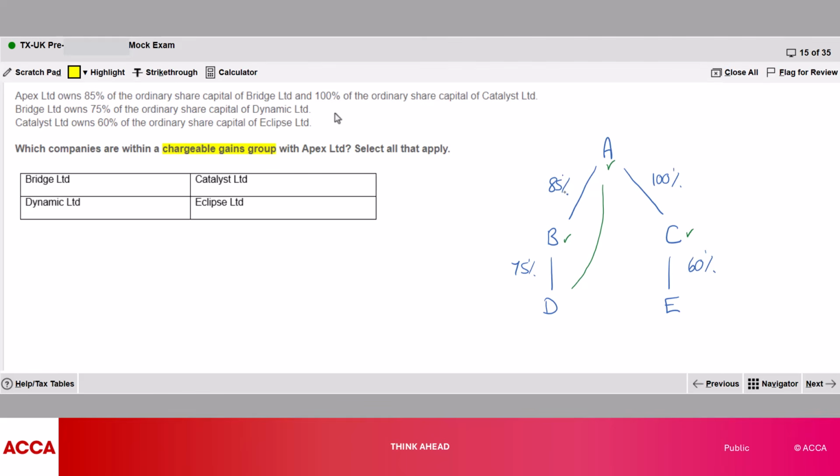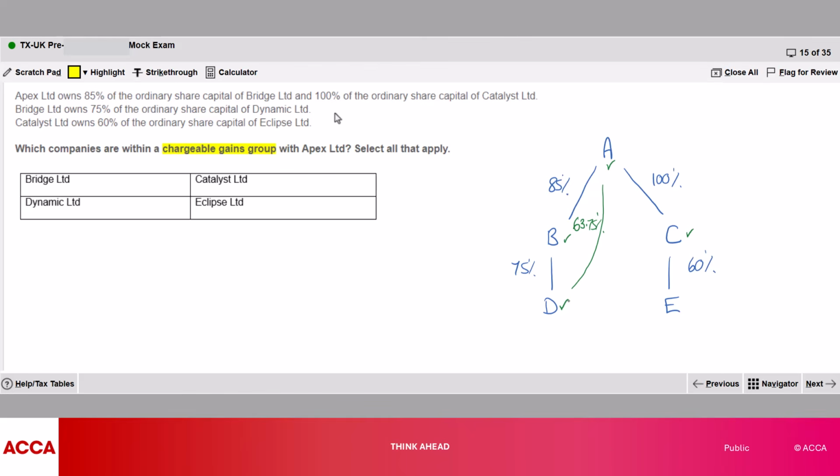We multiply 85% by 75%, which gets us 63.75%, and because that is greater than 50%, and we have 85% direct, 75% direct, that means that D can be included in the same gains group as A.